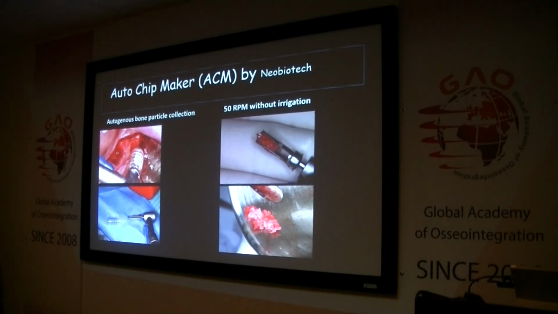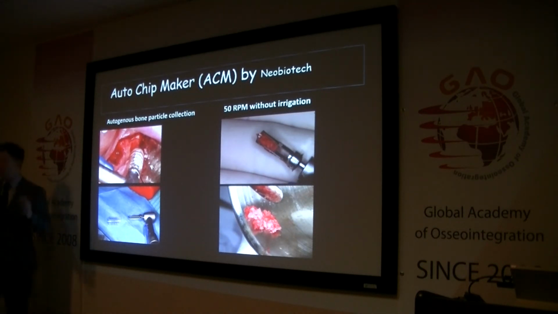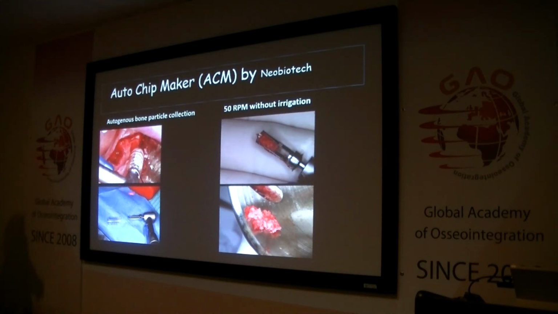If you don't want to use any type of human cadaver bone, let's say you have a patient that denies everything. I don't want to have any animal or human bone. I just want my own bone. And you're not comfortable doing a block graft, then you should get something like this. It's called the ACM by Neobiotech.